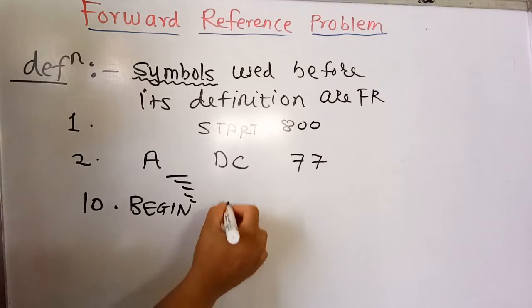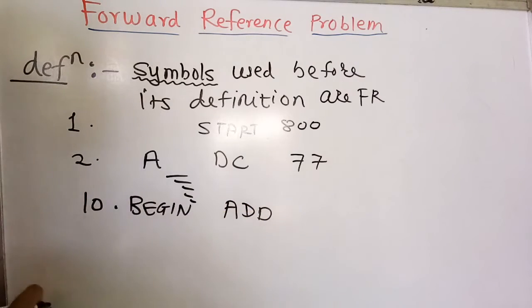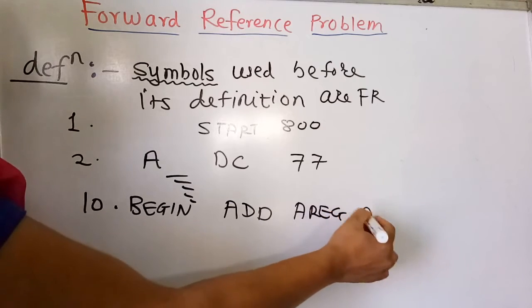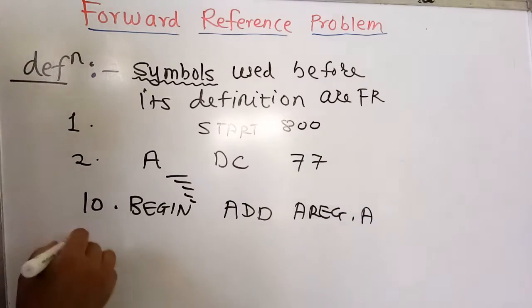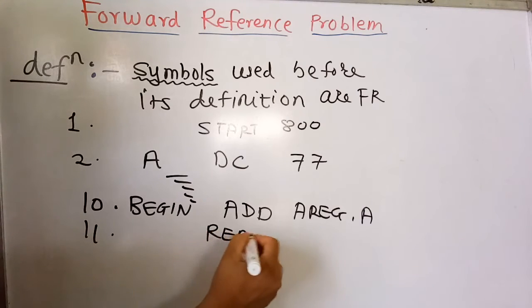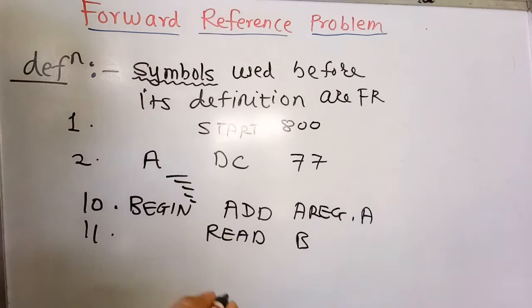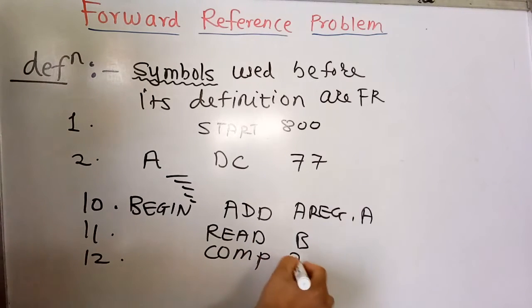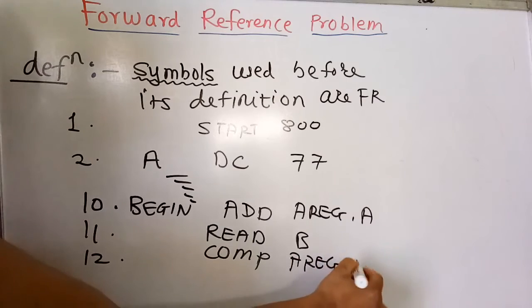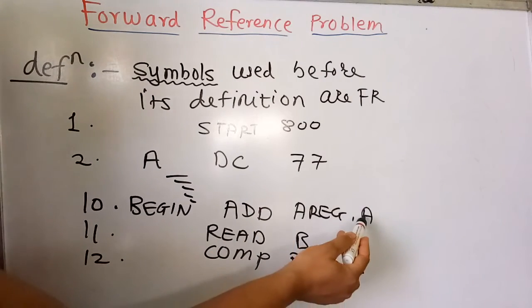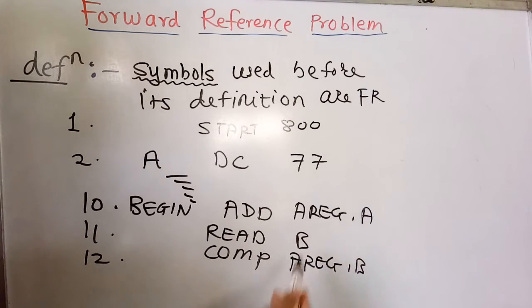BEGIN has assembler statements like ADD A register. Okay. Now, at line 11, we will write a statement like READ B. Okay. Then what is the next statement? We will compare this A register with B, because we will add the X value with the A register value.